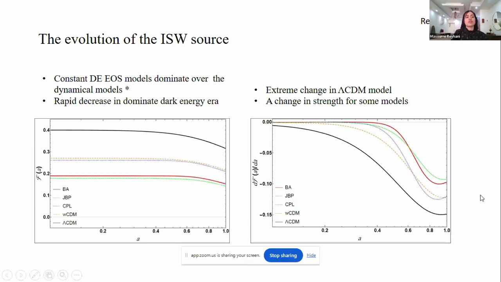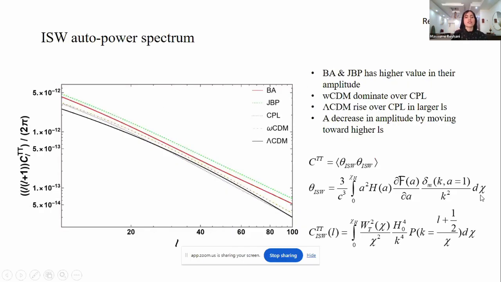So now we can talk about the ISW effect, which we have studied via the ISW auto power spectrum and the ISW cross power spectrum. Here we have the ISW auto power spectrum, which studies the result obtained from the temperature correlation between the cosmic microwave background photons, as we can see in this formulation. And we have plotted the results here.